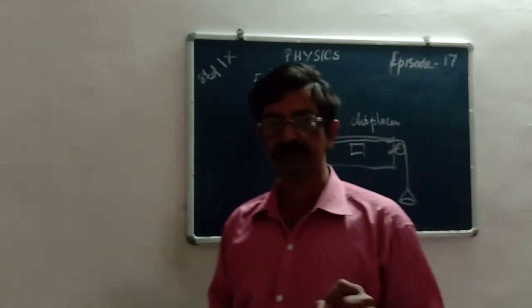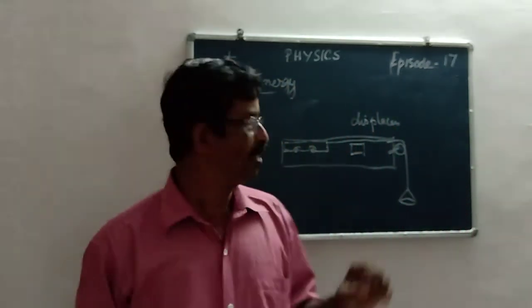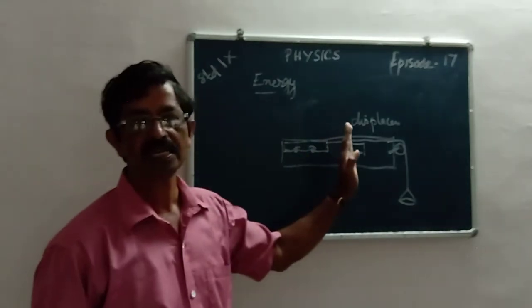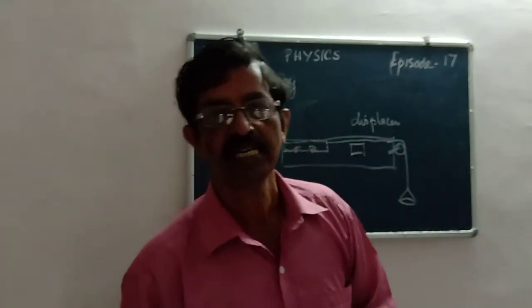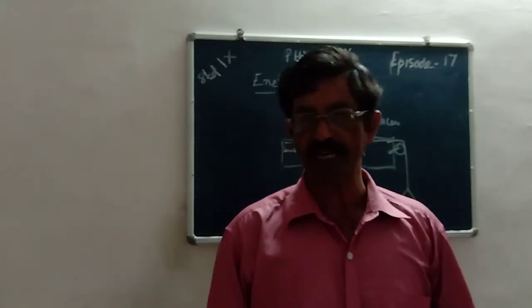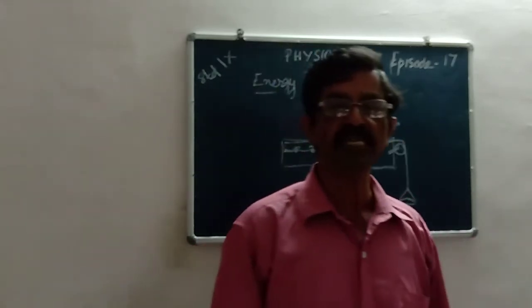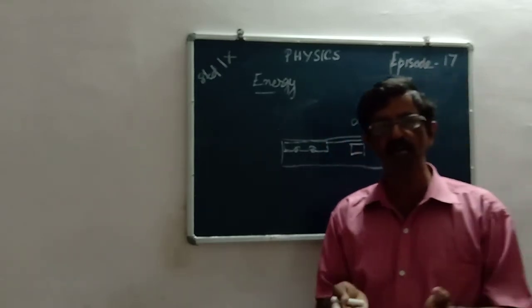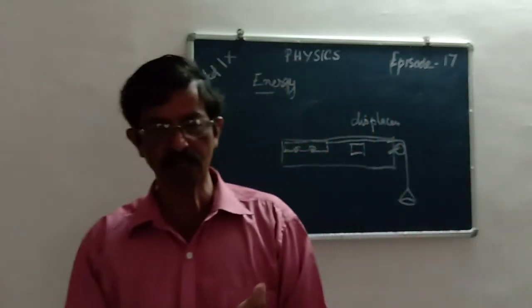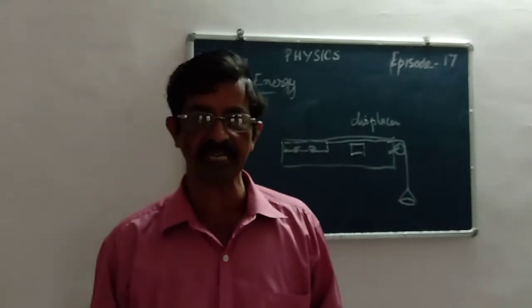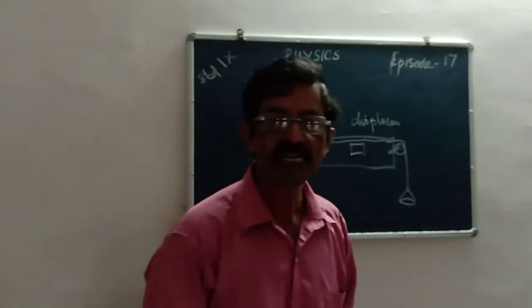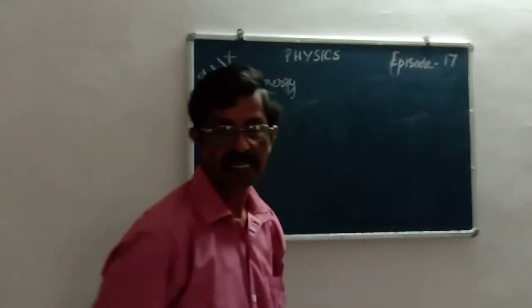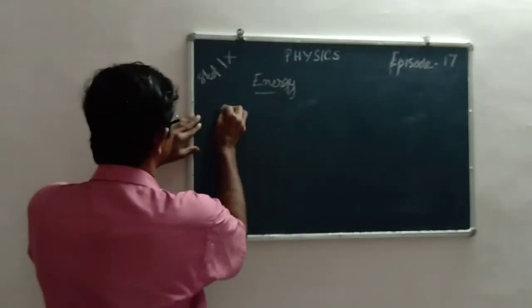And when a moving cycle hits a person, that person gets injured because of that moving cycle. The bicycle has energy. So whenever a body is in motion, it possesses energy, and that energy is called kinetic energy.